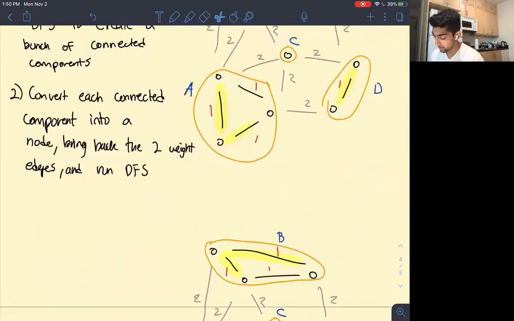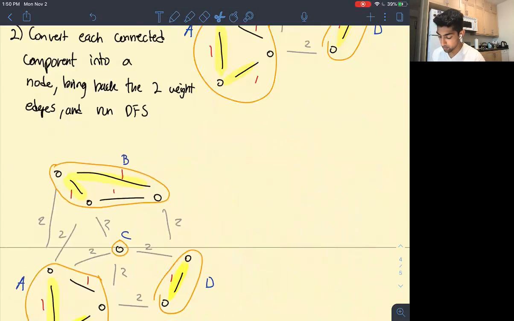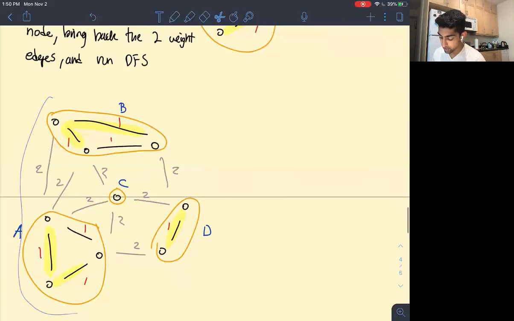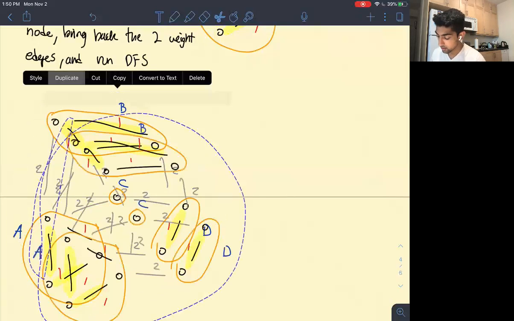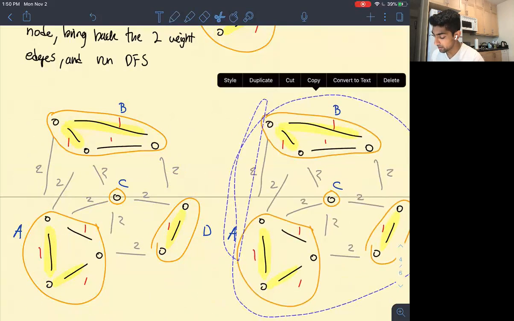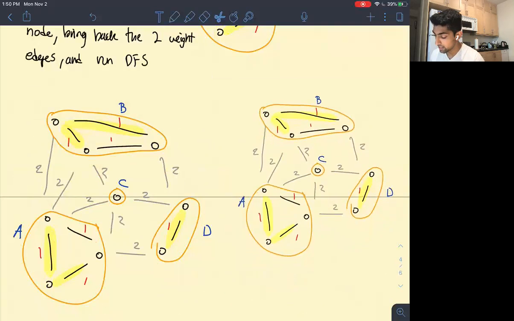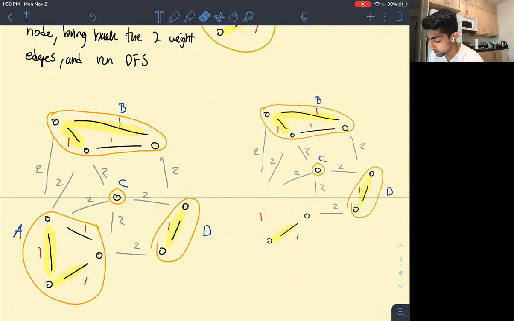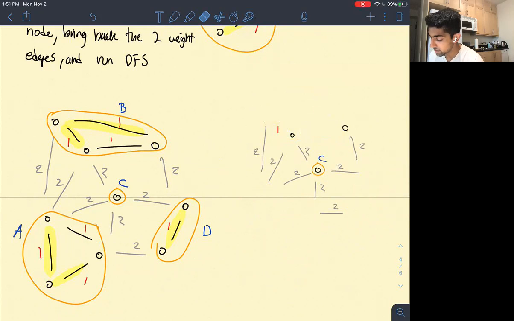Okay, so if we have this graph, what we're going to do is convert it into a new graph where A, B, C, and D have been replaced with just nodes. So now instead of A, B, C, and D, we're just going to have some nodes.